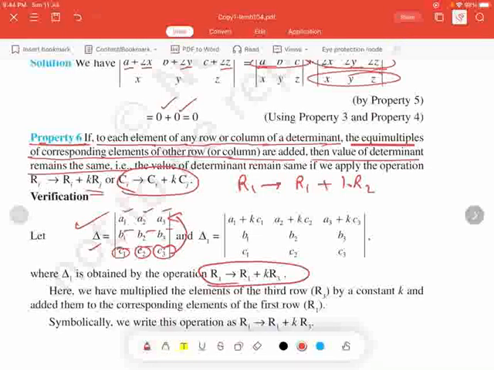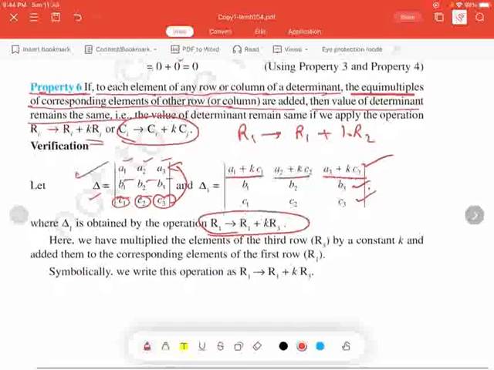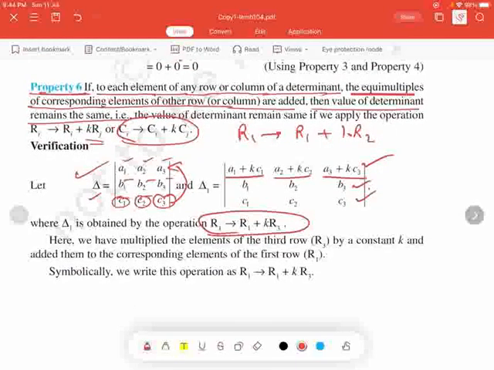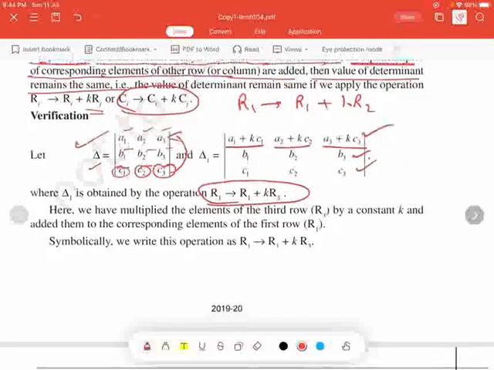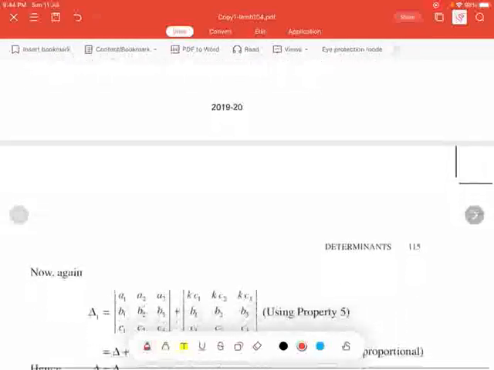There is a change in only R1. So A1 plus K C1, A2 plus K C2, and so on, the rest the same. So symbolically we can write it R1 implies R1 plus K times R3. If you solve it, you will get the same value.